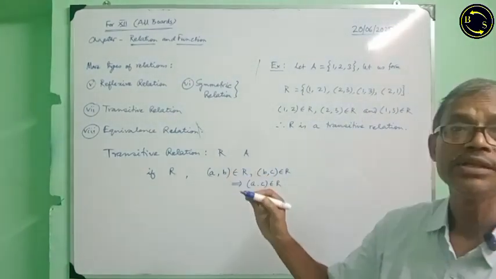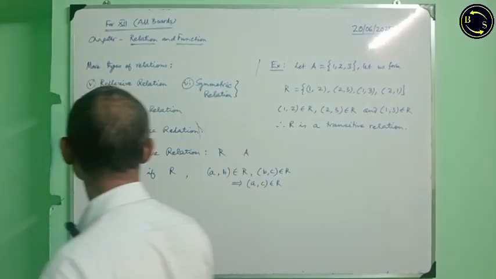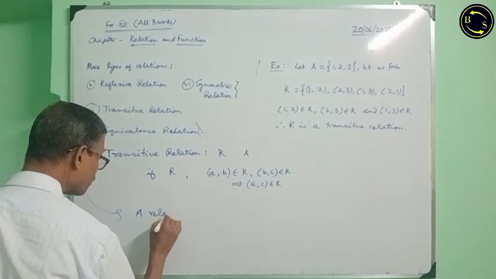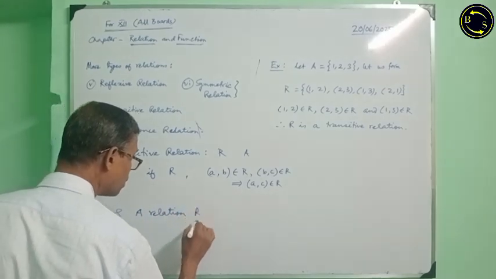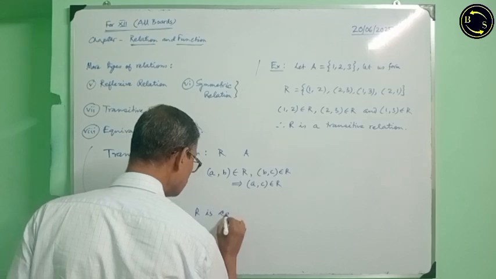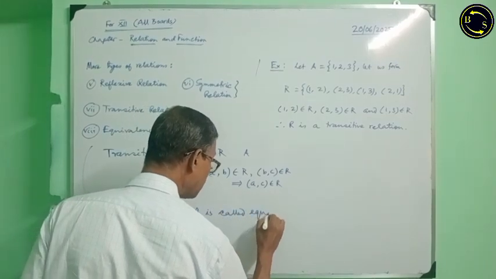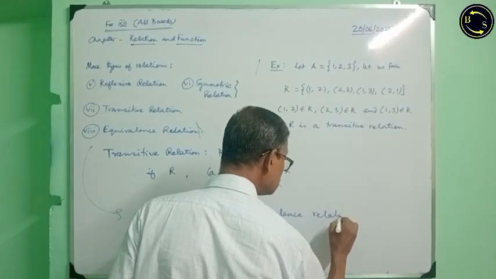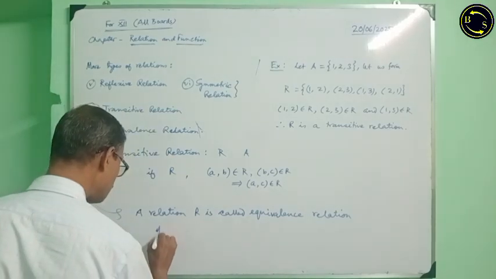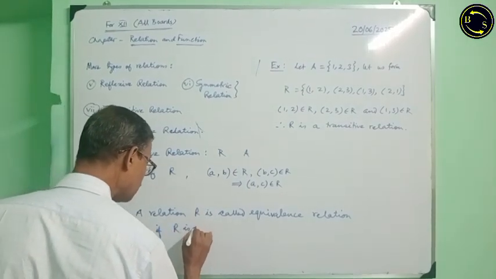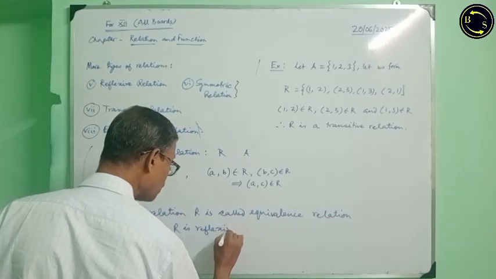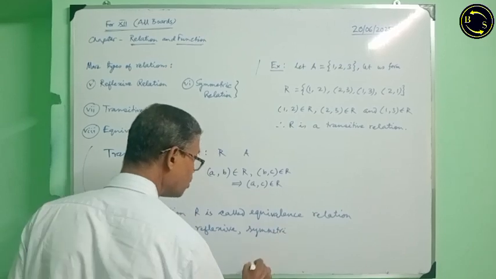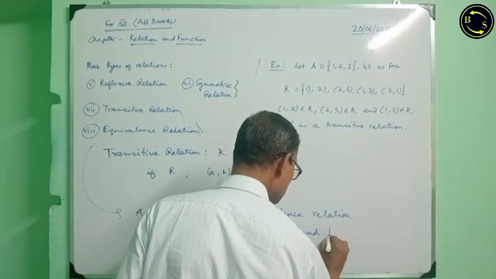Then we have the last one, equivalence relation. For that, a relation R is called an equivalence relation if R is reflexive, symmetric, and transitive.